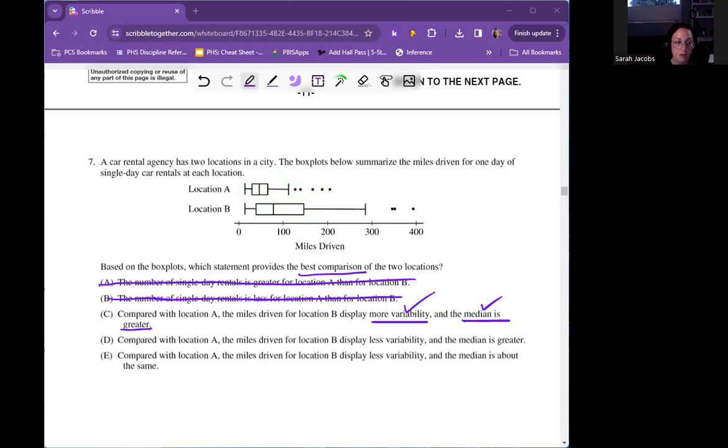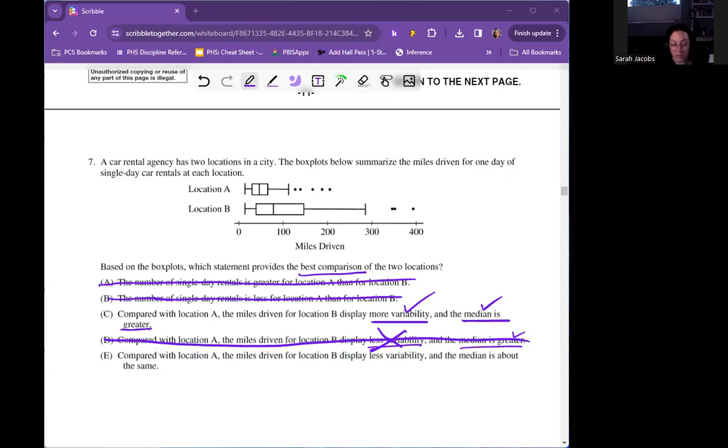It's a really good idea to just look at all the answer choices just in case you didn't actually read what was written there. No shade, we all do it. Compared with location A, the miles driven for location B display less variability and the median is greater. Okay, we do know the median is greater, but the less variability is what makes this one wrong. So then D is out.